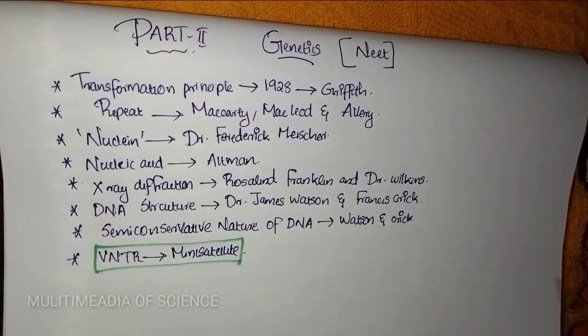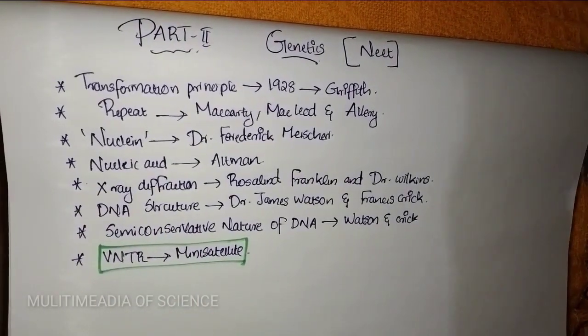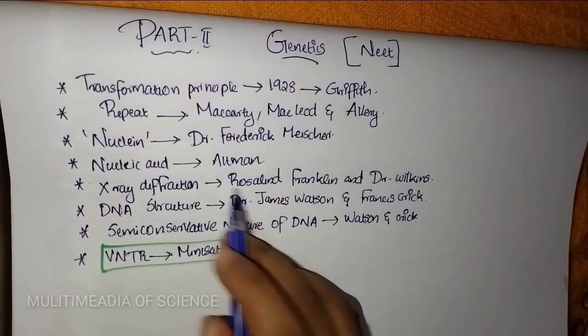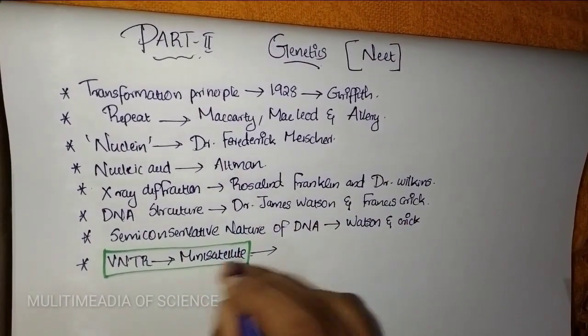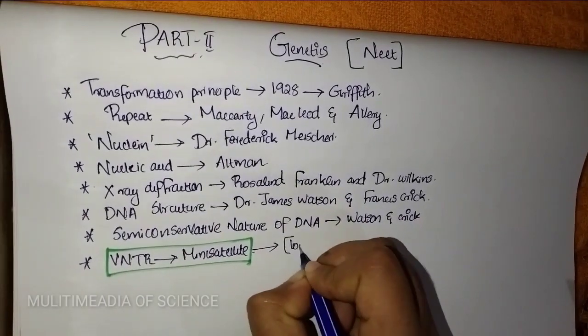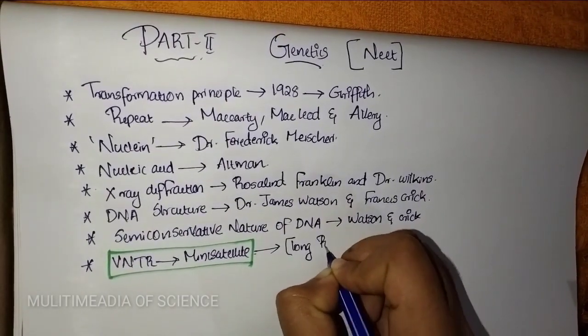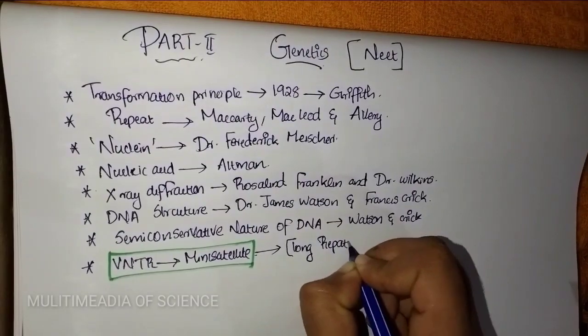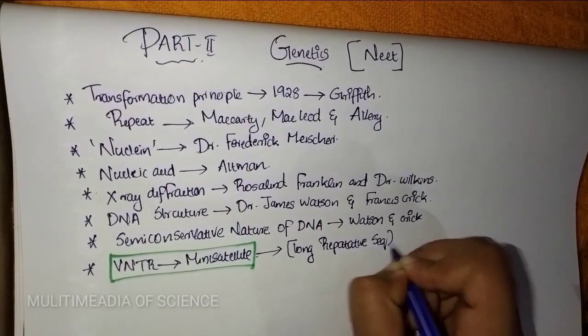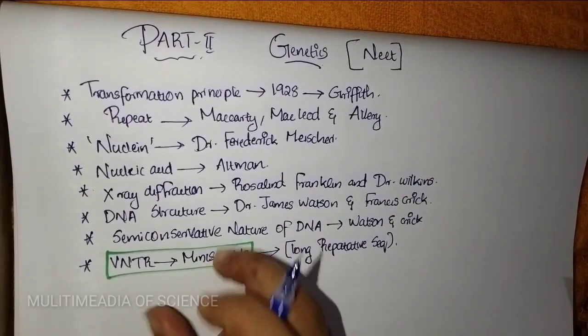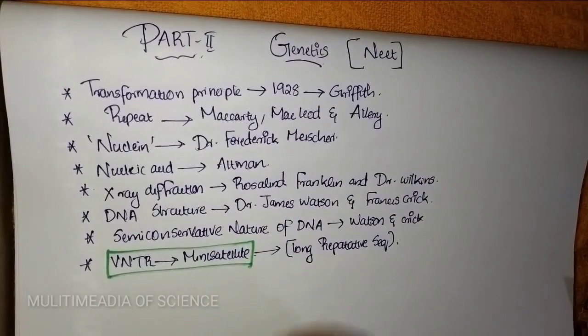Mini satellite. Mini satellite is a long repetitive sequence. Then an example for short repetitive sequence is junk DNA.